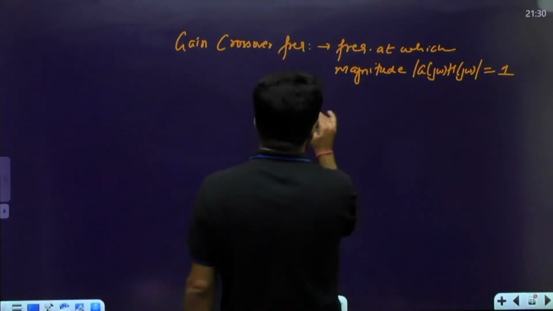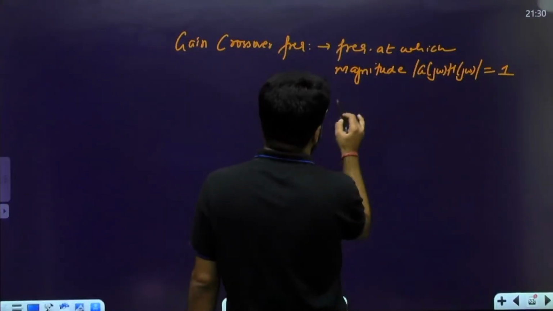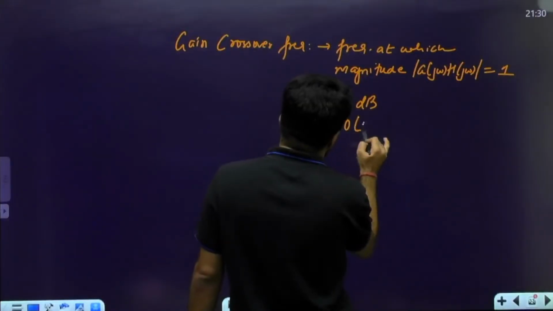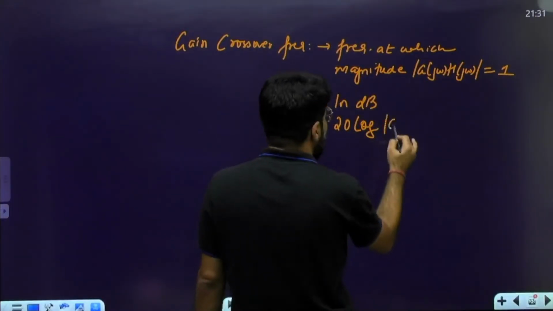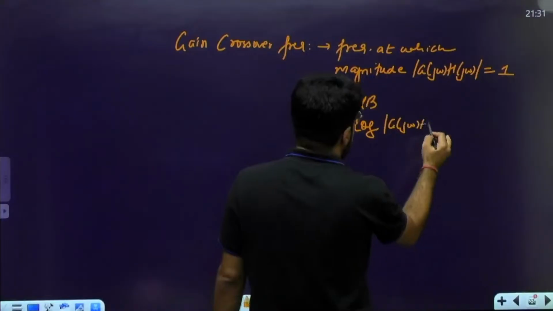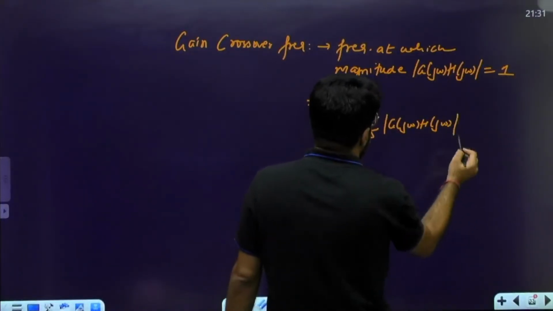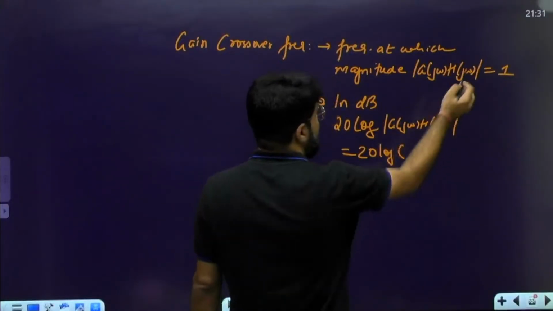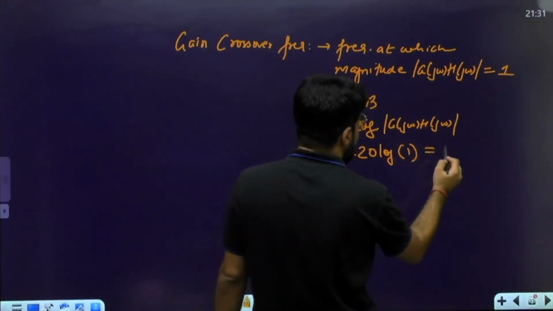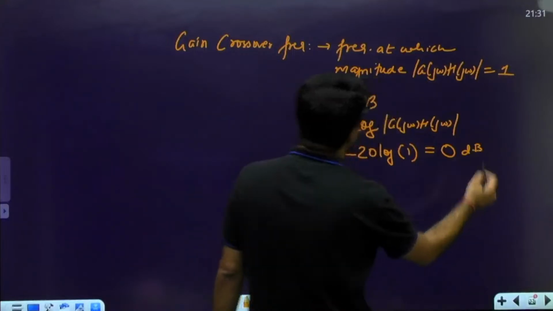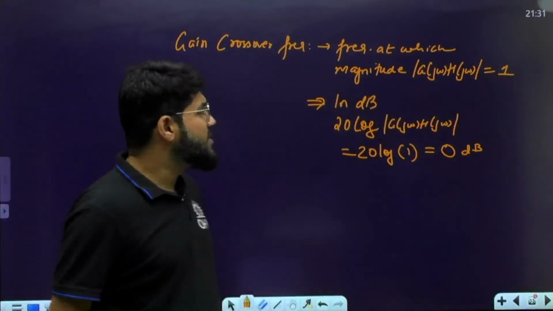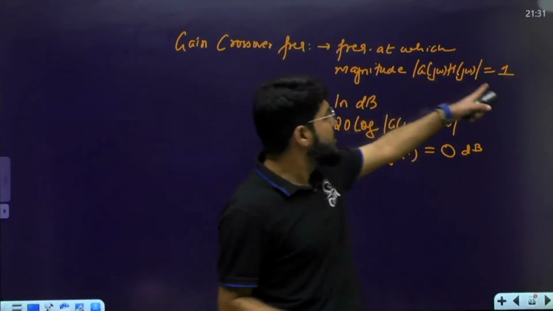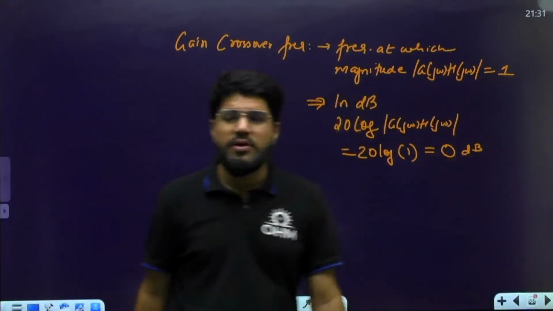In decibel, how do we calculate the magnitude? 20 log mod G(jω)H(jω). Mod G(jω)H(jω) is 1 and log 1 is 0. So in terms of Bode plot, gain crossover frequency is the frequency at which magnitude is 0 dB. Absolute value of magnitude is 1, but in decibel scale, when you convert to log scale, it is 0.